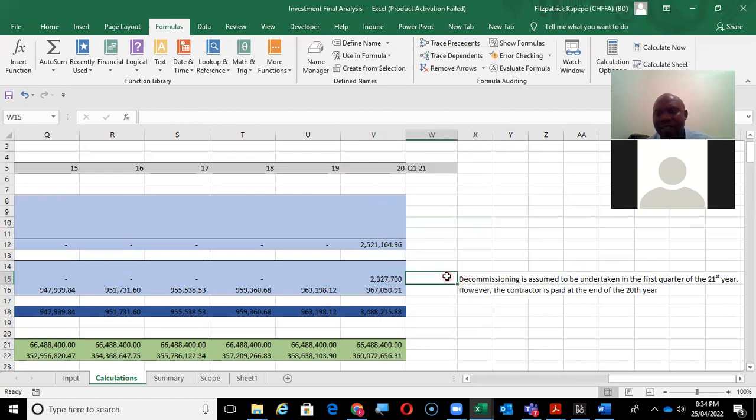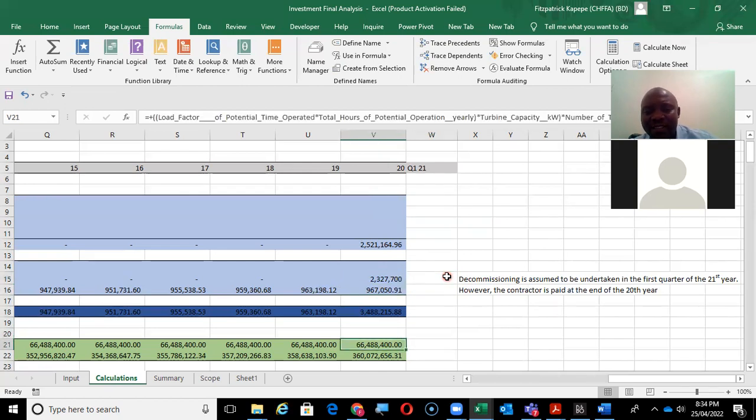You are trying to play, because you see in modeling, you're playing with logic. Because if you don't answer this question, someone else will ask you that you have put this decommissioning cost in the 20th year, yet the levels of your energy is as if there was no decommissioning. Then now you state that, yes, this is through procurement processes, they take time.